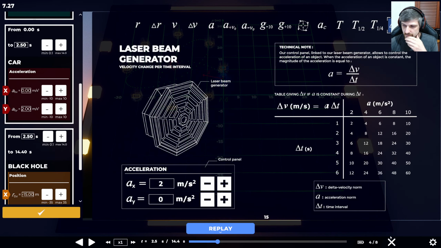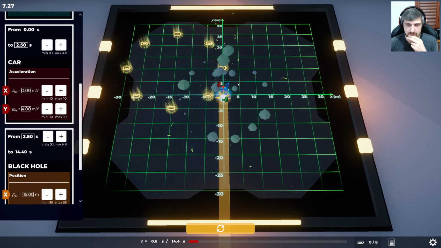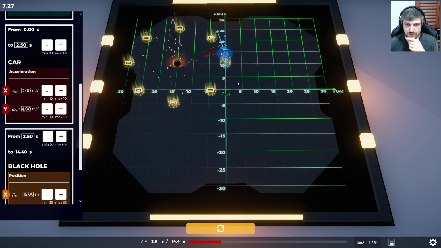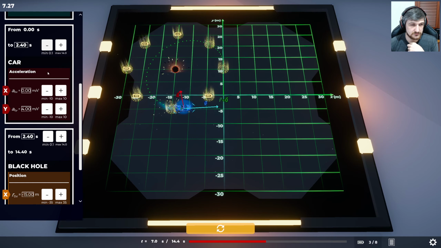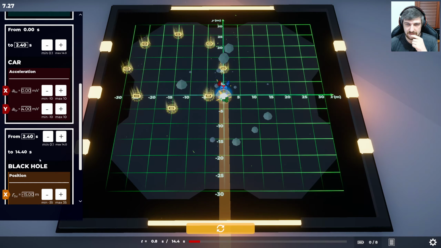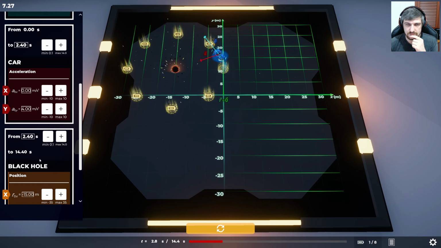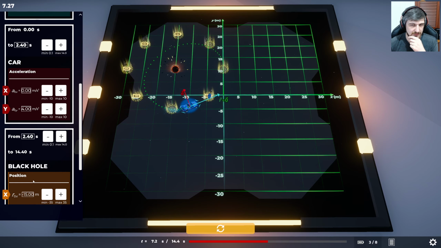Didn't even reach 8. That's because we're not going at the correct speed. We need to be going at 4. And then we should reach 10 just as that comes down and pulls us around. We need that black hole there a little faster.